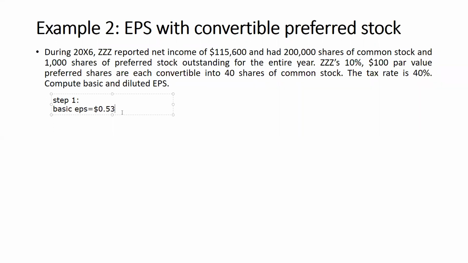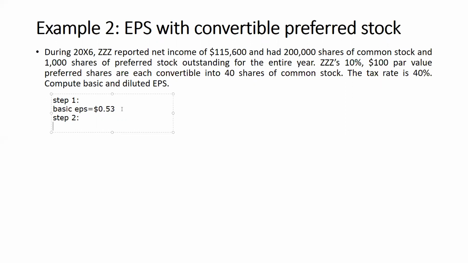Then, in step number 2, we will calculate the diluted EPS. We need to start with the numerator. So we are trying to find, is there any increase in income?